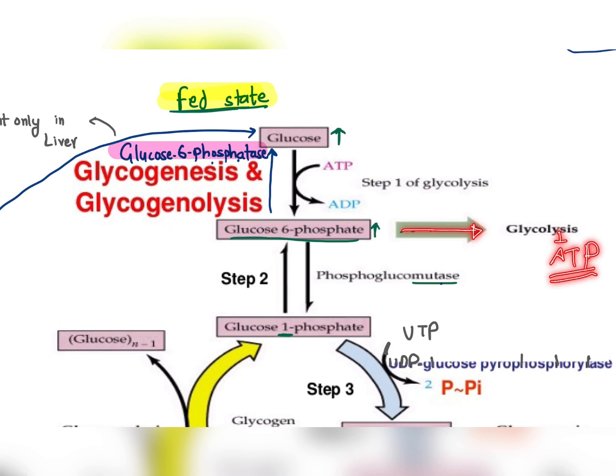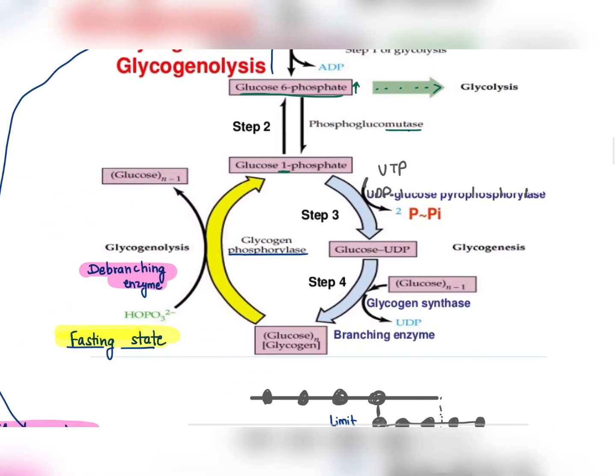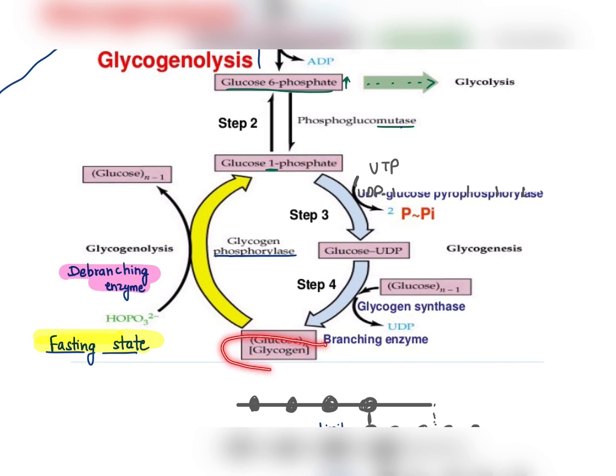But when there is excess glucose immediately after you are fed, we are not supposed to use all the energy from the food within 30 minutes, right? So we are not going into the glycolysis pathway. Rather, for future use, that glucose 6-phosphate gets diverted to the glycogen synthesis pathway. Right? This is the glycogen synthesis pathway. How is the glycogen formed?